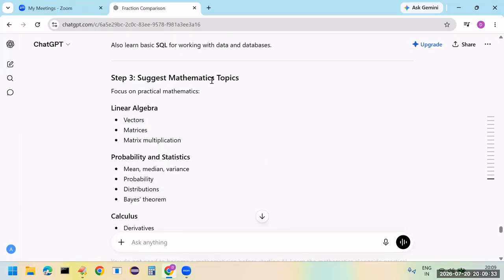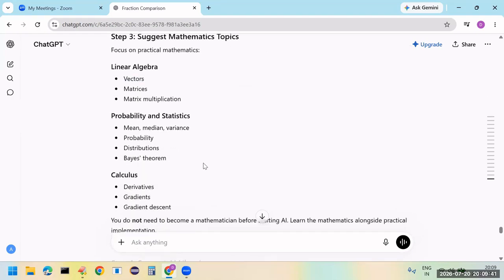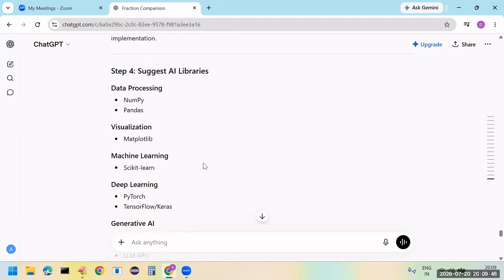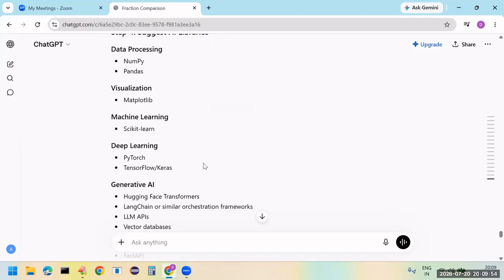Then suggest mathematics topics: linear algebra, because everything is a vector DB, right? Probability and statistics. Then calculus. Suggest AI libraries: for data processing, NumPy and pandas. For visualization, Matplotlib. Machine learning, scikit-learn. Deep learning, PyTorch.